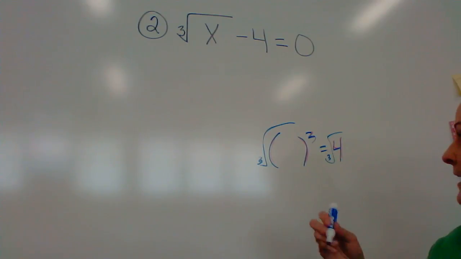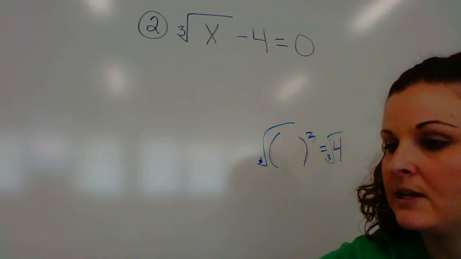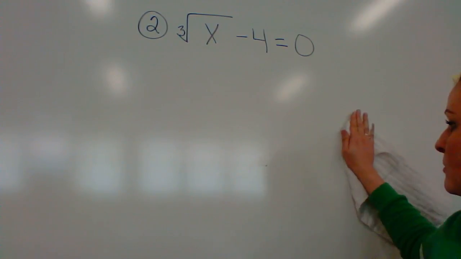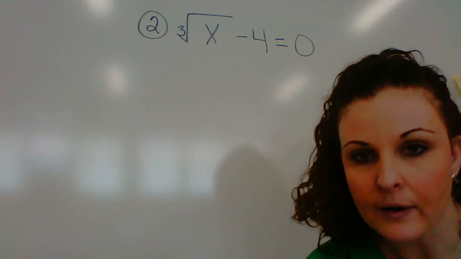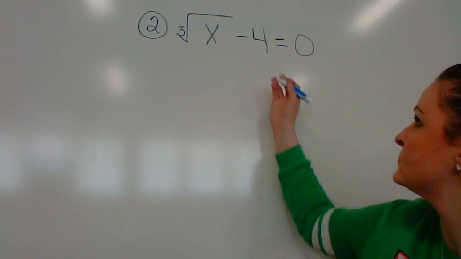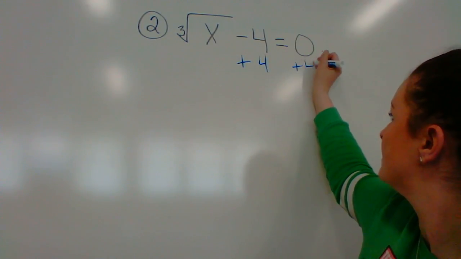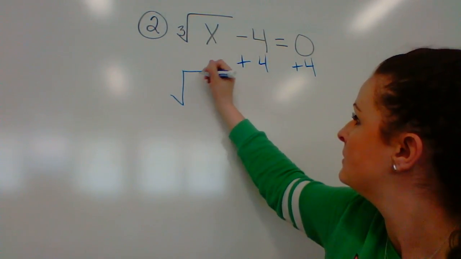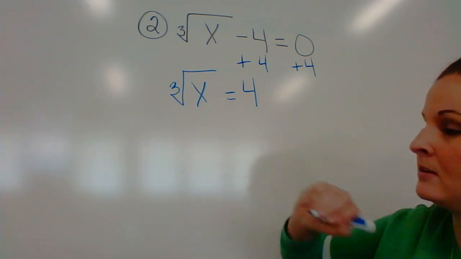So if a cube root and a cube cancel each other out, well, then it makes sense in this next problem what we're going to do. So before we start cubing or squaring or doing whatever, let's move the 4. So I'm going to add 4 to both sides. So now I get the cube root of x equals 4.